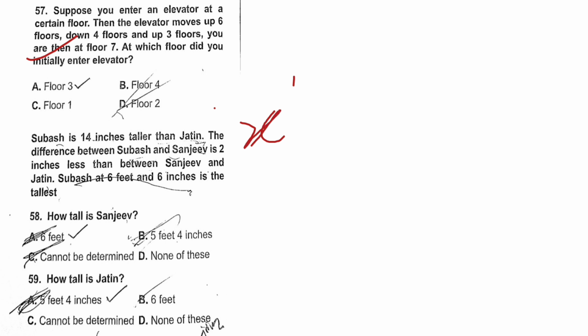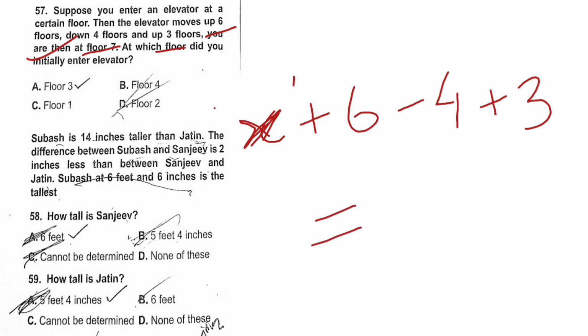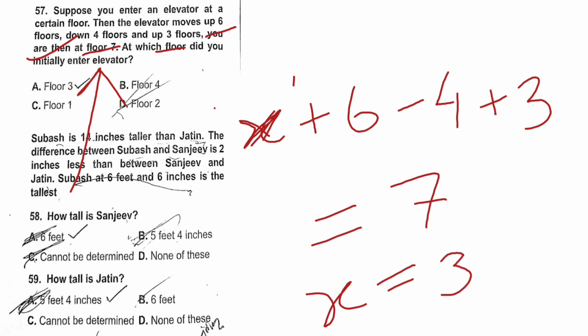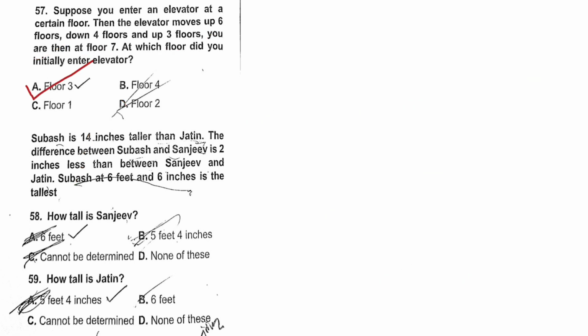So X is the floor where you entered. Moving up 6 floors means plus 6, coming down 4 floors, minus 4, going up 3 floors, plus 3. And at the end, you are at the 7th floor. Solve this and you will get the value of X as 3, which is option A. Floor 3 is the correct answer.